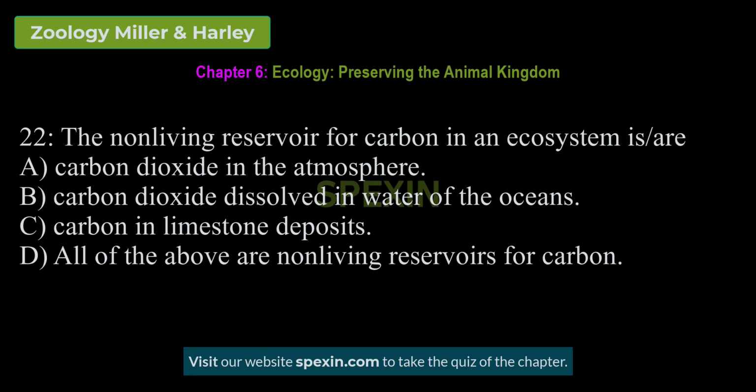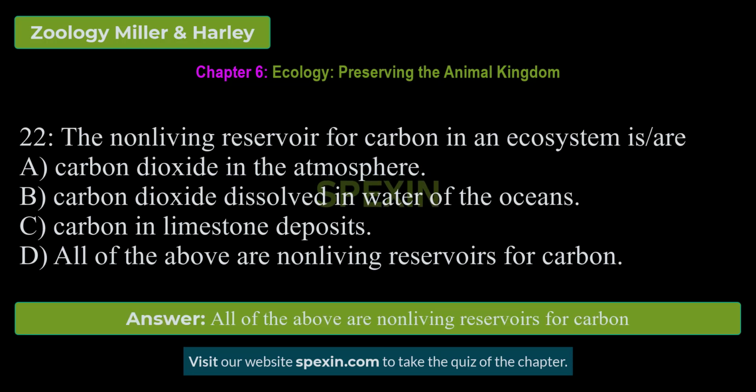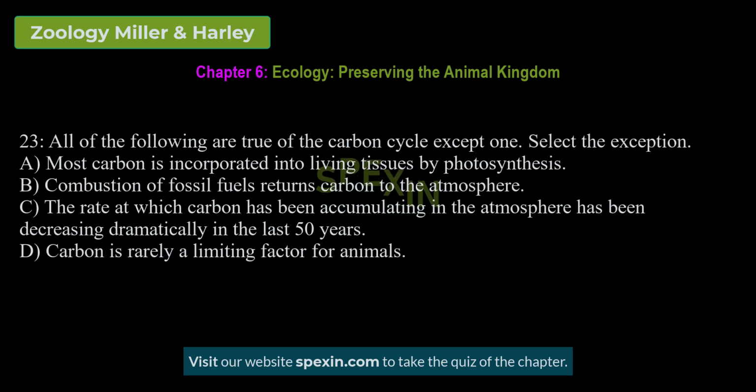The non-living reservoir for carbon in an ecosystem is carbon dioxide in the atmosphere, carbon dioxide dissolved in water of the oceans, carbon in limestone deposits, all of the above. Correct answer: all of the above are non-living reservoirs for carbon. All of the following are true of the carbon cycle except one.